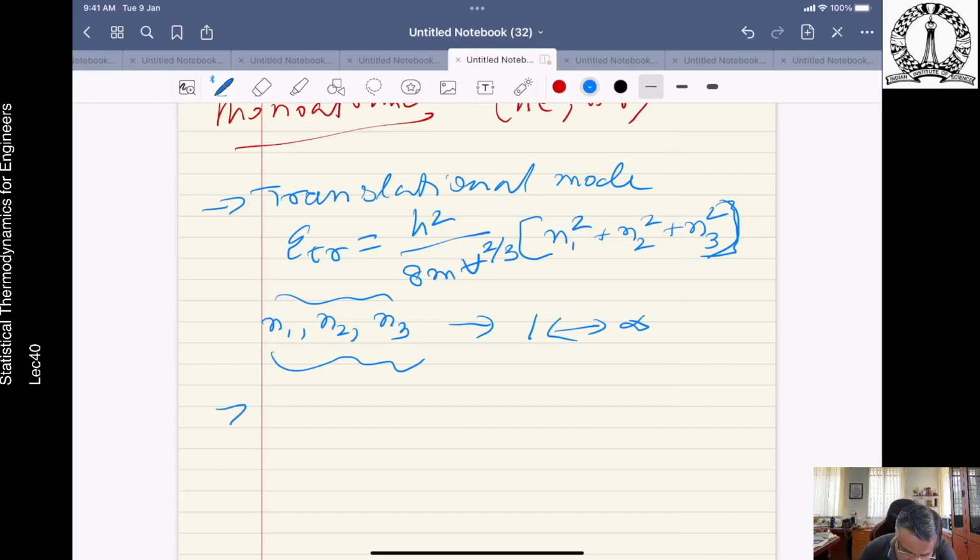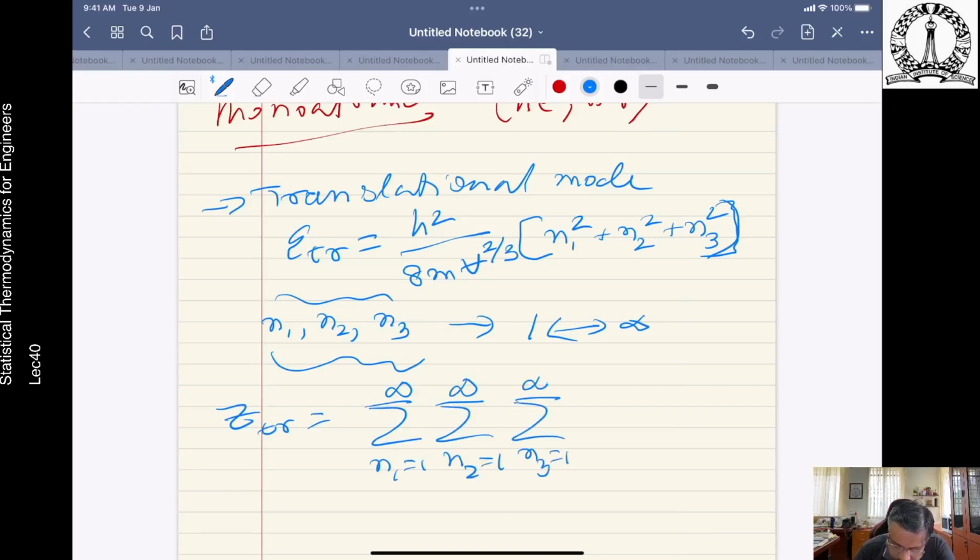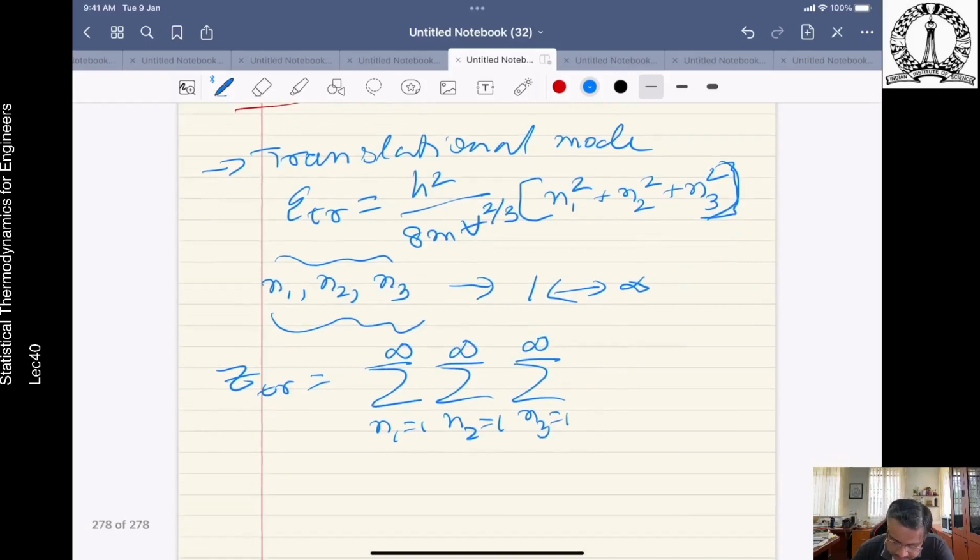So Z translational is given as, first we sum n1 equal to 1 to infinity, n2 equal to 1 to infinity, n3 equal to 1 to infinity. Got it? And then we write the exponential of minus the energy over kT, with n1 squared plus n2 squared plus n3 squared.